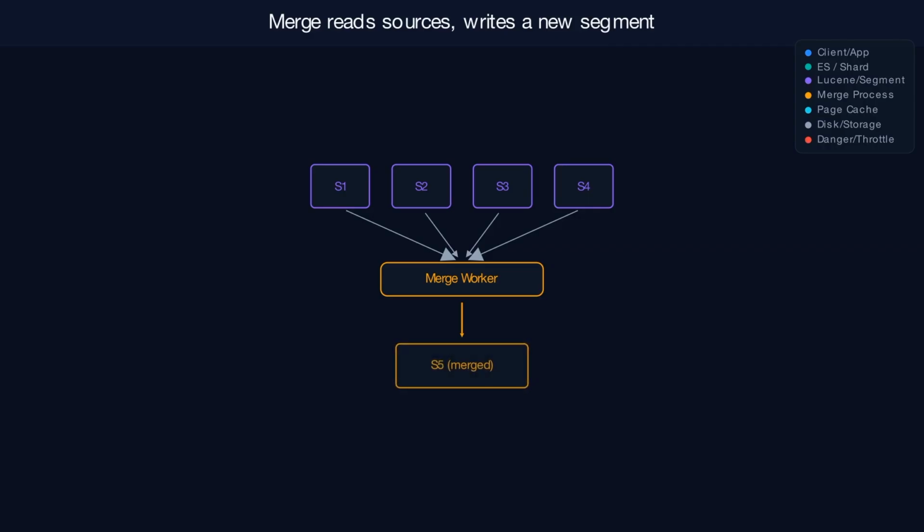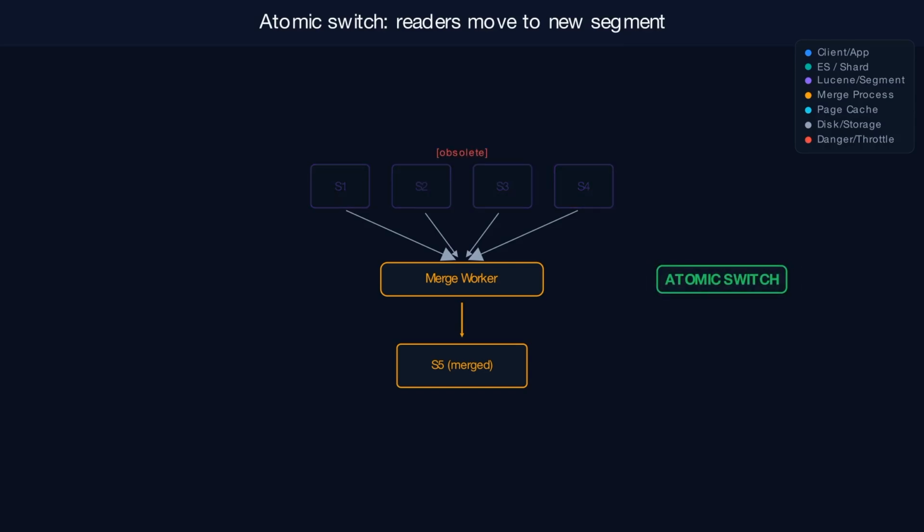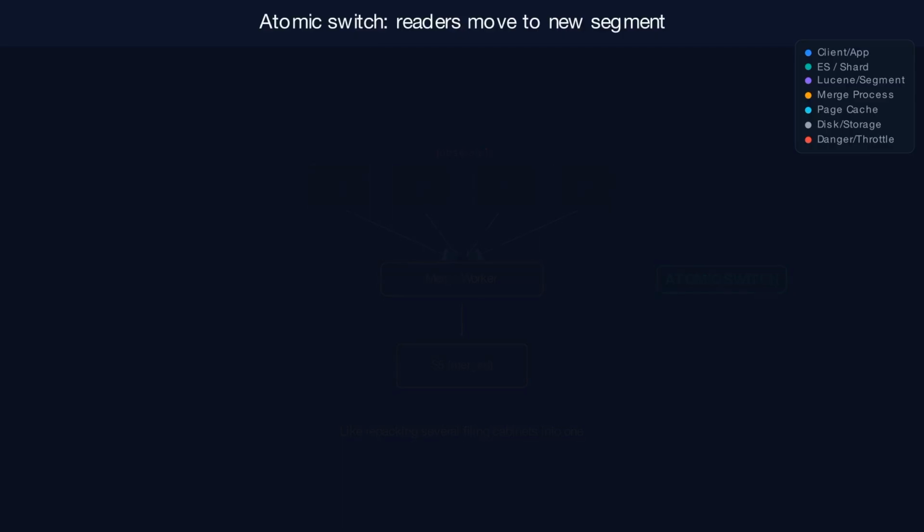It remaps document IDs, resolves deletions, rewrites internal data structures, and builds fresh segment metadata. Only after the new segment is safely written does Lucene atomically switch readers to the new segment and retire the old ones. This is why merges are expensive. They are not metadata-only operations. They are full read and rewrite operations. Think of it like completely repacking several filing cabinets into one.